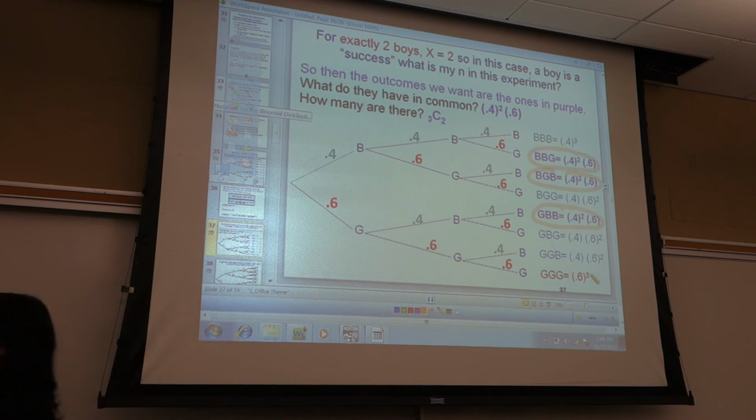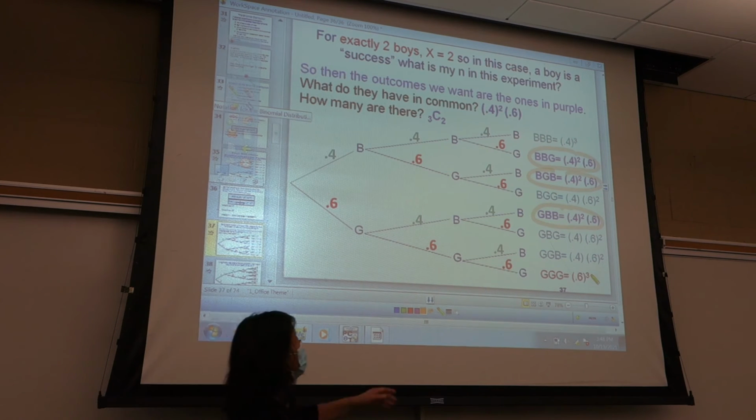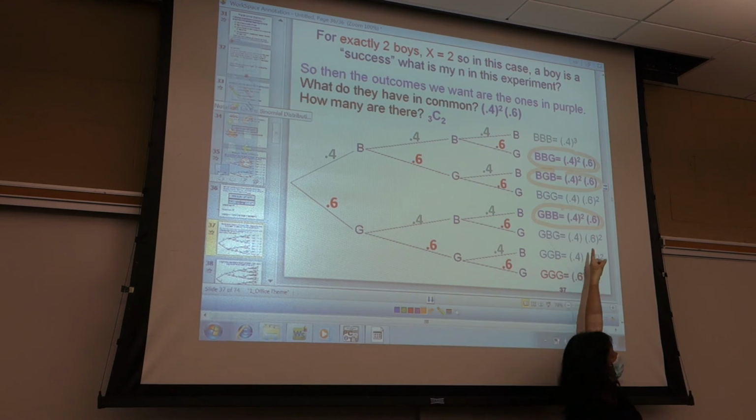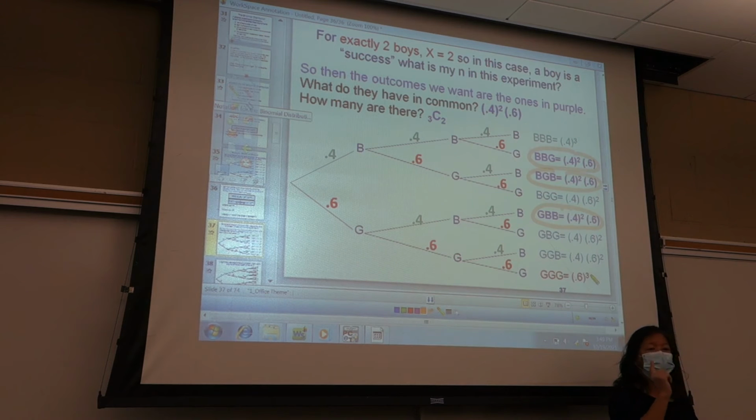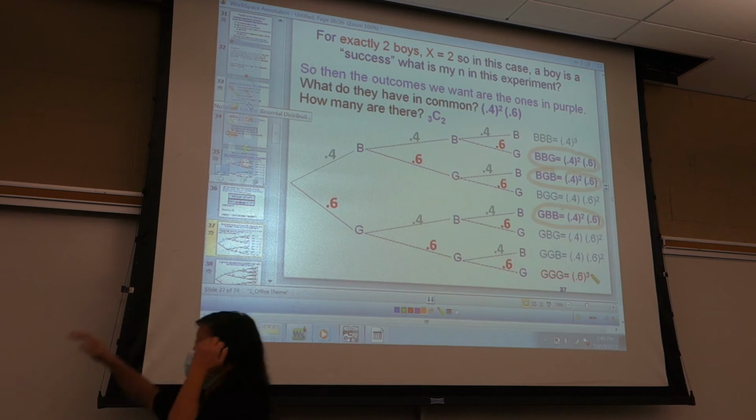Every G is a 0.6 probability. So all of them have 0.4, the probability of a boy, raised to the second power because you have two boys, and the probability of girl, or your q, raised to 1 because that's the number of failures. Does everyone understand? So that's where this part comes from.